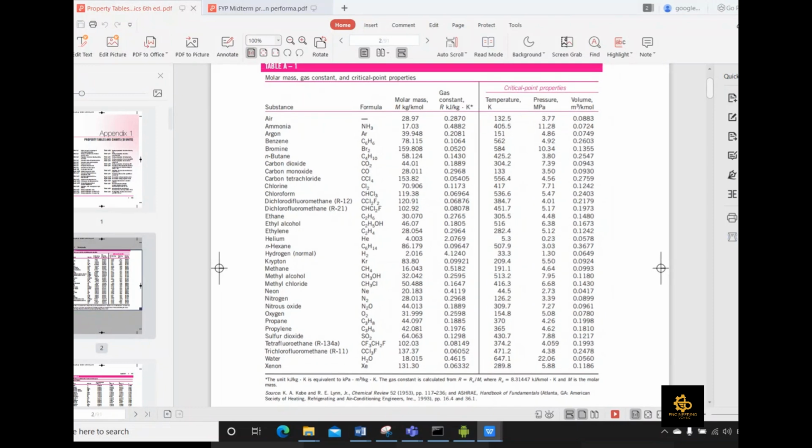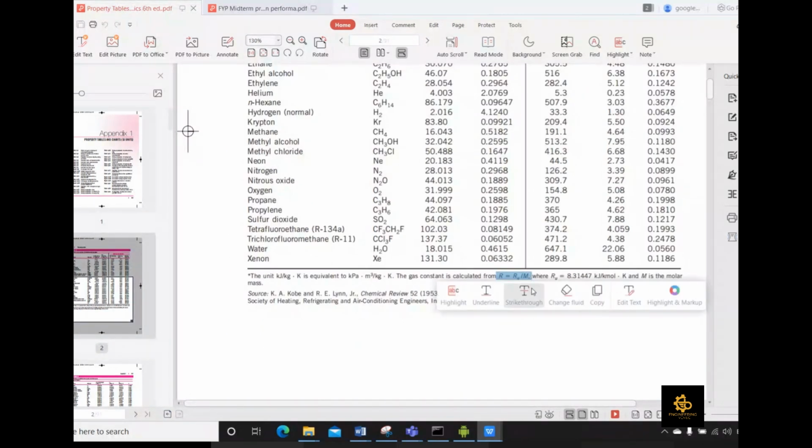Here R is equal to R_u over M. R_u is the universal gas constant, and its value is 8.31447 kilojoule per kilomole per kelvin. So you will get the value from this table.